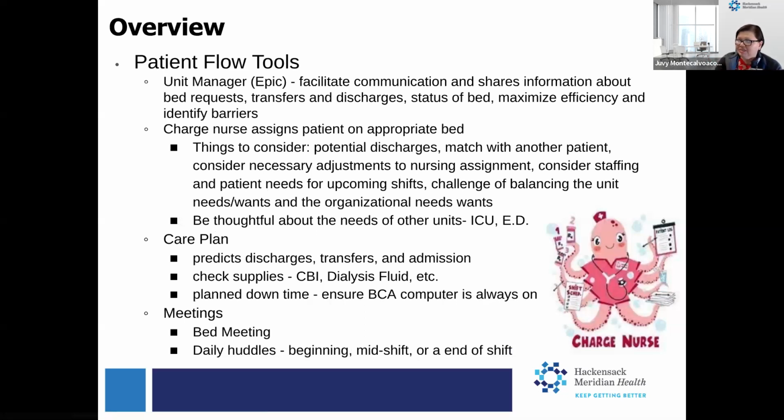And there are challenges in balancing the unit needs. Your perception of what your department needs and that of others, like the supervisor, may be different because they're thinking globally. But you, as the charge nurse for that department, are thinking about your unit needs. So think about the global need, perhaps in the ED.